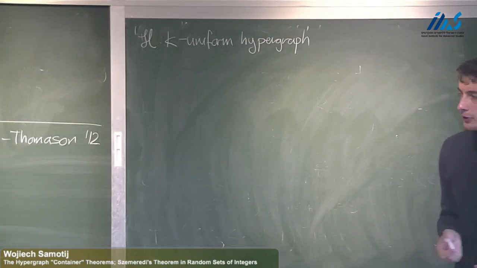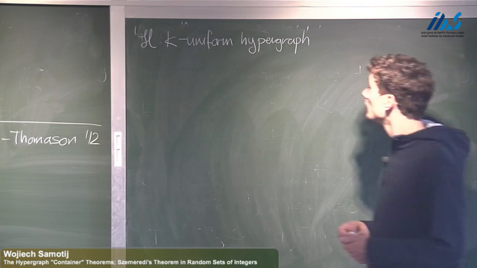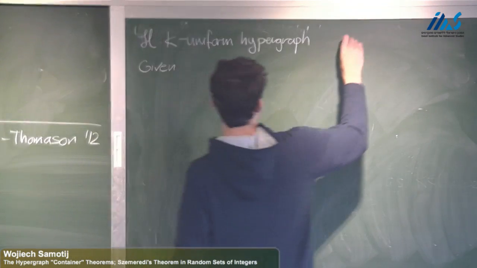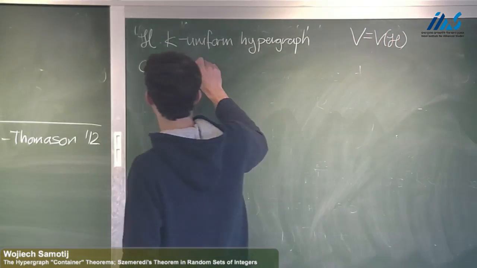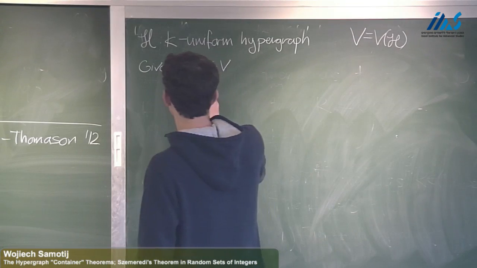Now, given such a hypergraph, what we're going to do first is generalize the notion of degrees in a graph. So let's denote the vertex set of H by V.